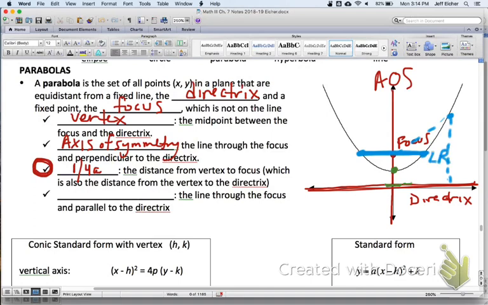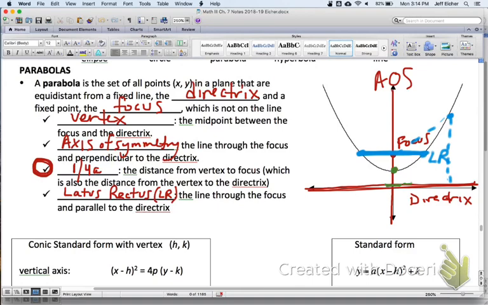LR stands for latus rectum, or LR for short. So those are some important terms.